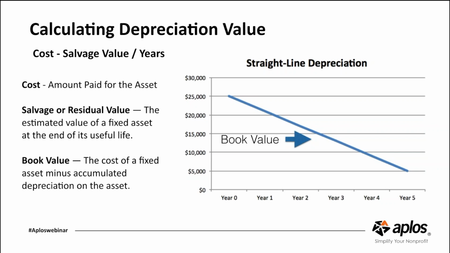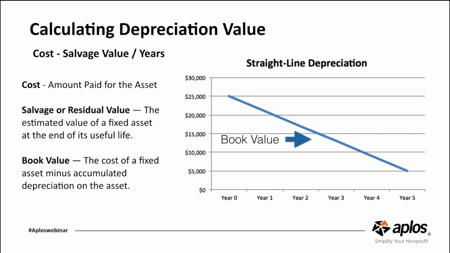The salvage or residual value is if you have an estimated value of the fixed asset at the end of its useful life. And the useful life is the term that you're spreading out the cost over, right? So let's say $25,000 is the cost of the car. Okay, so there's $25,000 on the left.